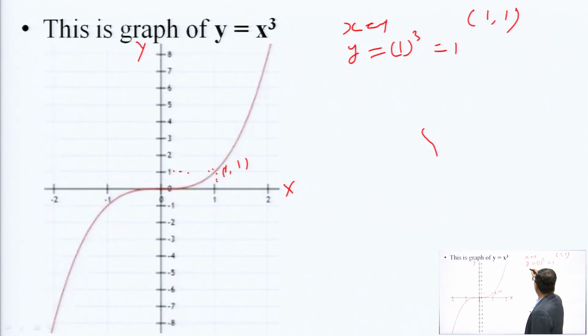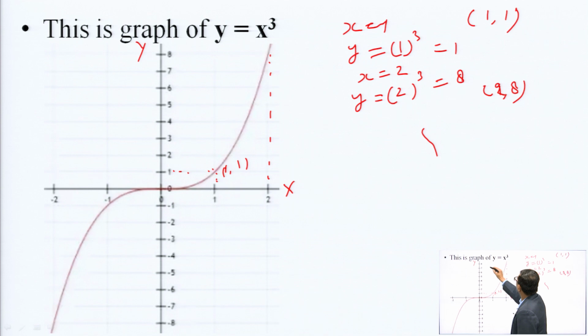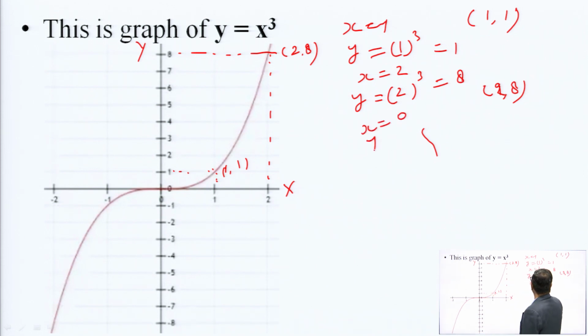If x equal to 2, then y will be equal to 2 cube, that is 8. So, the second coordinate is 2, 8, and it will be here. When x equal to 0, y also 0. So, this is the origin.